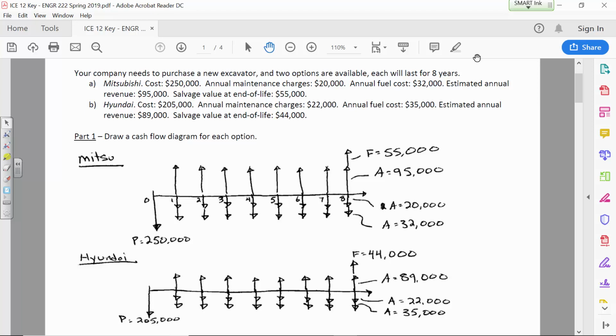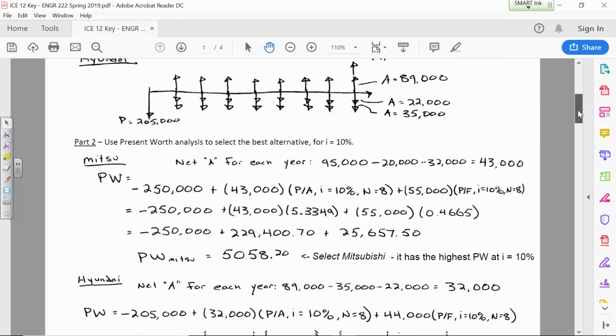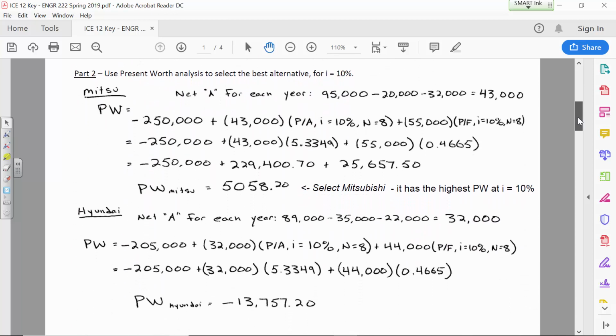So then as the solution, what we need to do is find out the present worth of Mitsubishi and compare it to the present worth of Hyundai. There's already some amount in the present. The cost is already at the present. But then we need to convert the net revenue for each option to the present because that's an annual series.